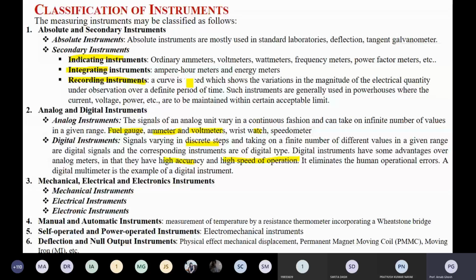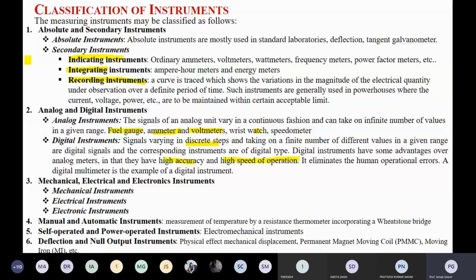So sometimes it is a positive error, sometimes a negative error. So there are a total of 6 classifications. Okay, so you are able to understand. So we can go to the next slide.